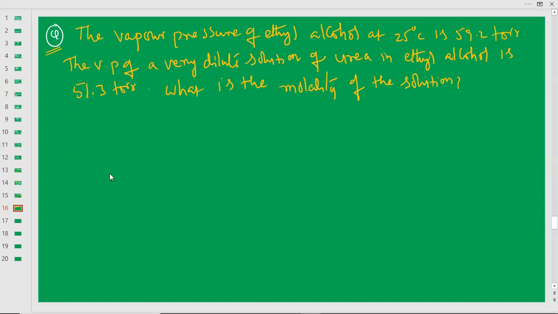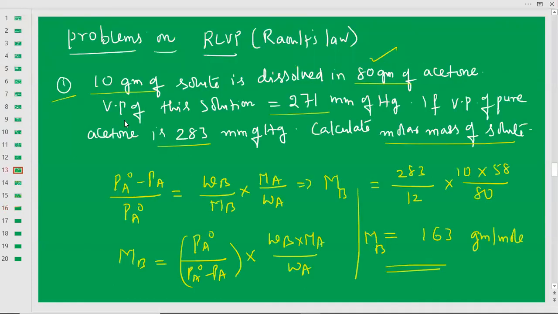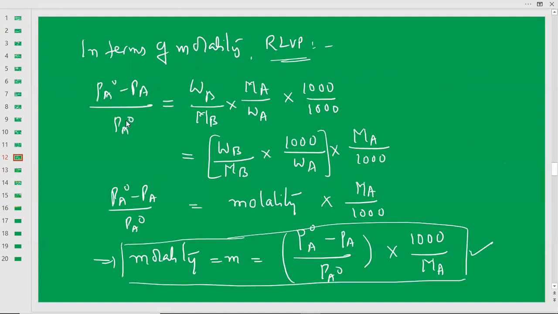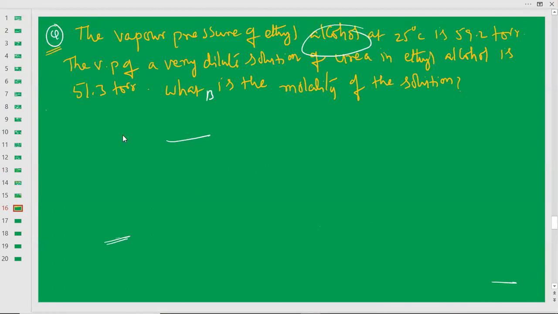From the previous discussion, we made a relation between molality and relative lowering of vapor pressure, and this you have to consider. What is the formula? RLVP into 1000 by molecular weight of solvent. Okay, so we can take that one here in this problem.